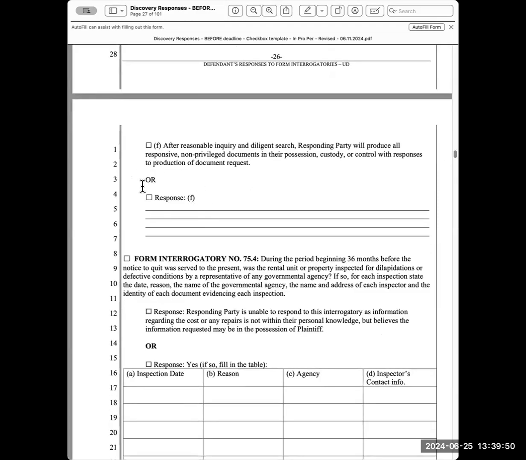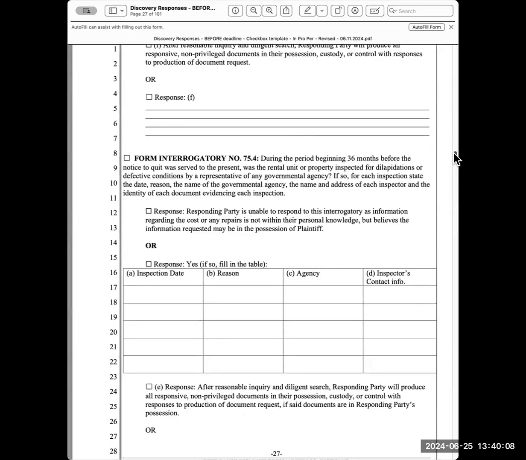Some other response that applies to you, check here and write it out. Very important that when you're trying to back up bad conditions in the unit, that you also provide evidence of notification, how you informed the landlord that the problem existed.